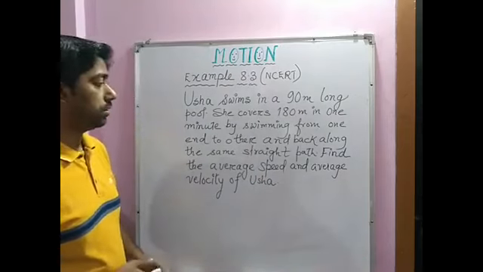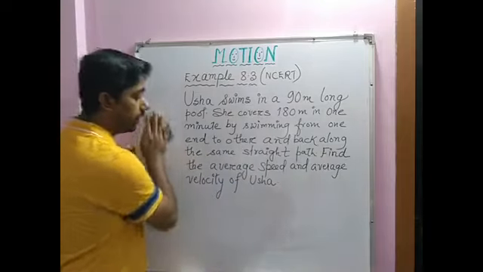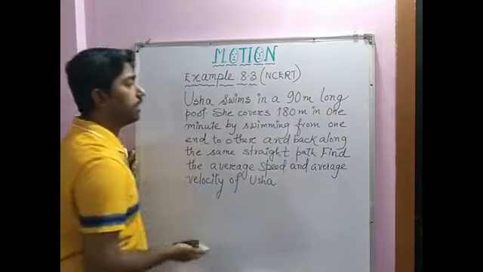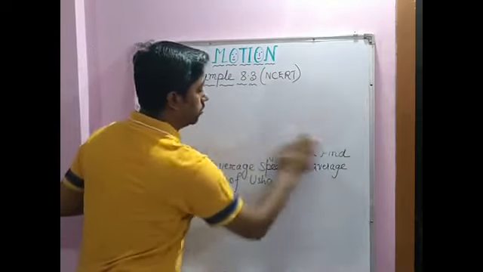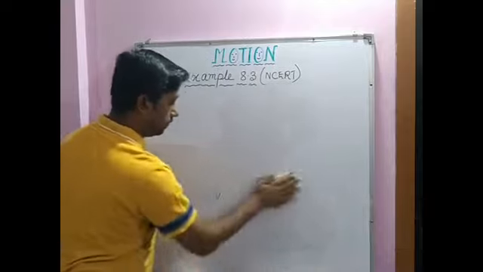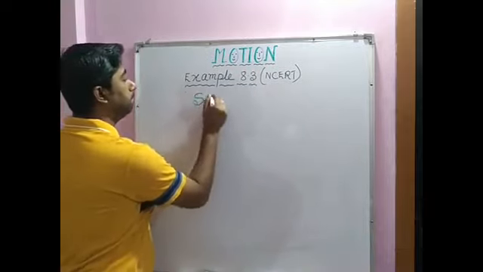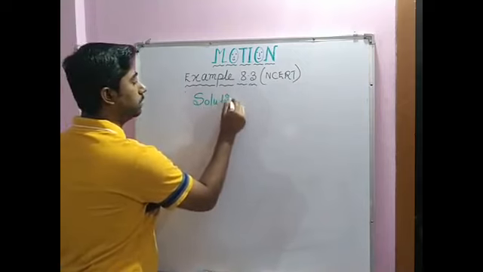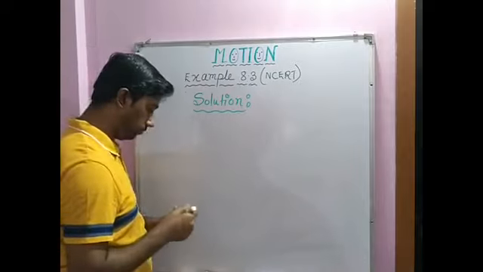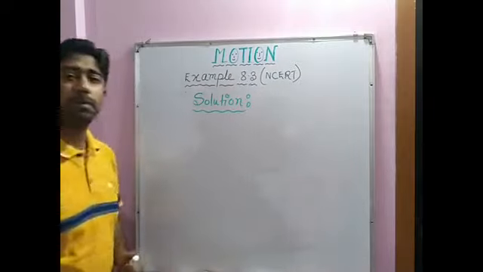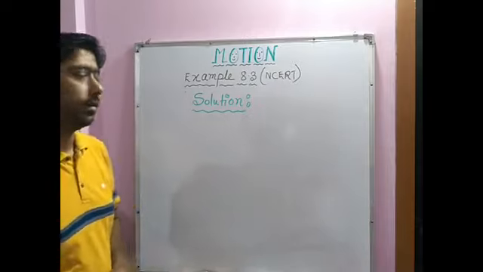First, you will write the question and then solve it if you can, or I am showing it here. So let's go for the solution. First we will find average speed. Okay. Then we will find average velocity.